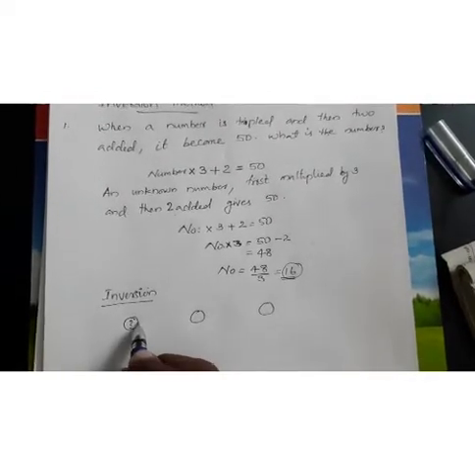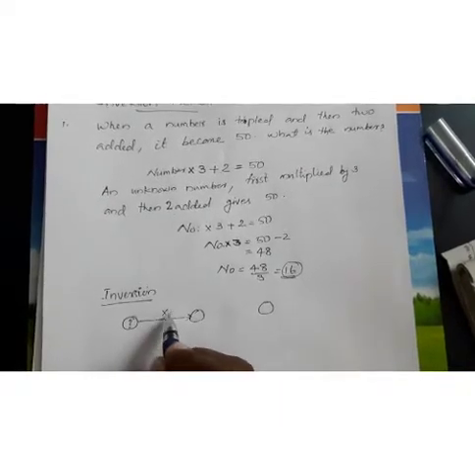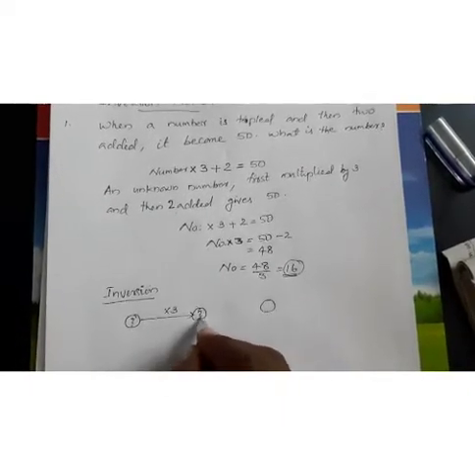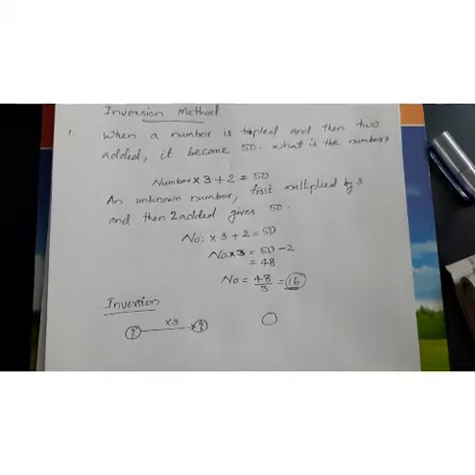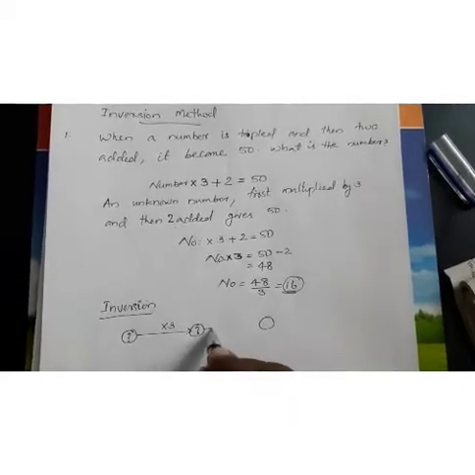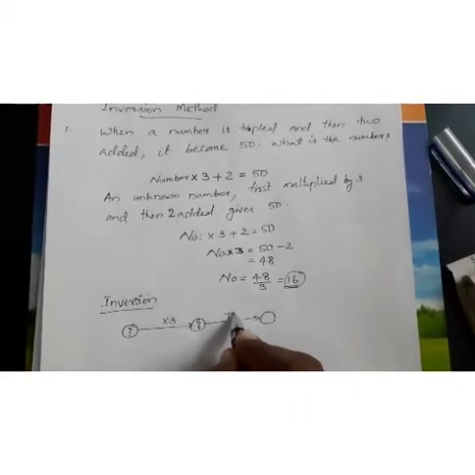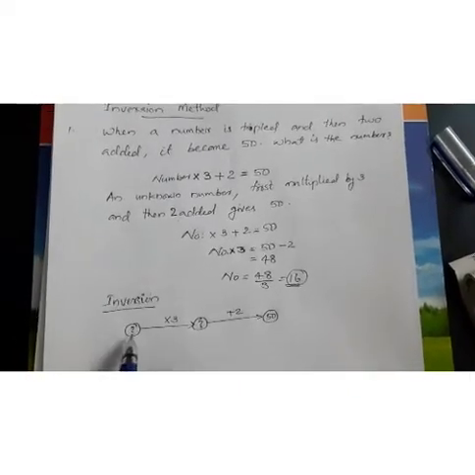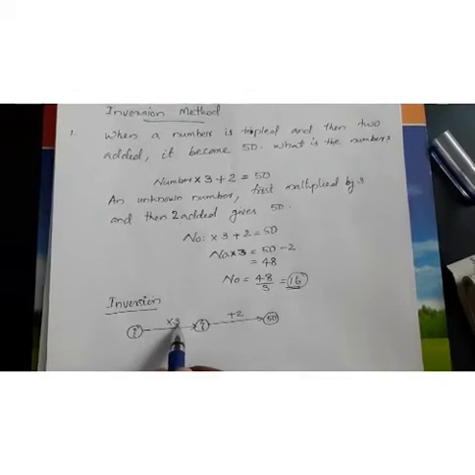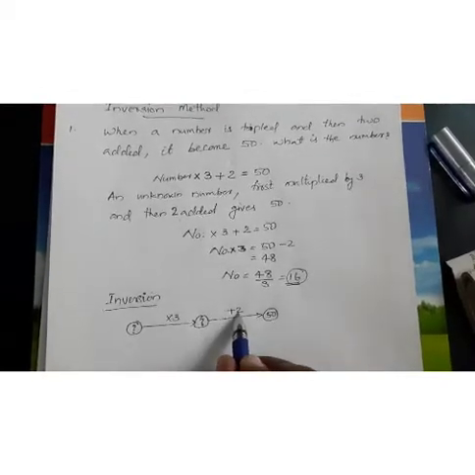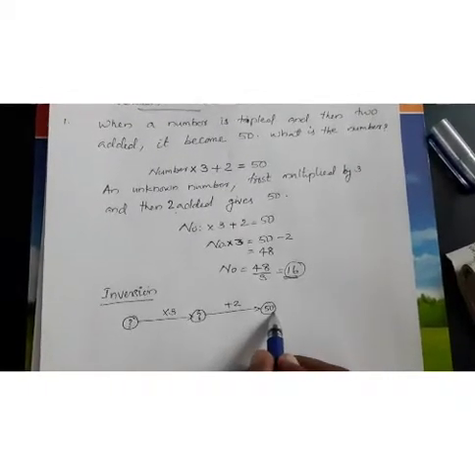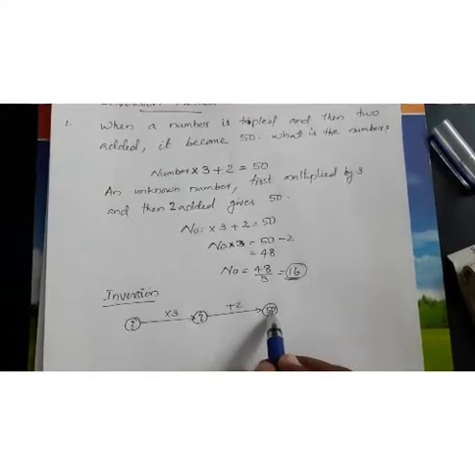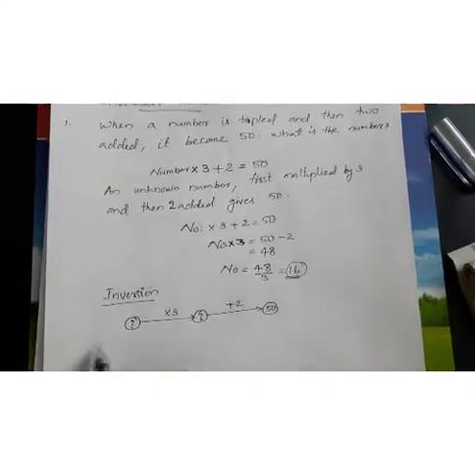Here we don't know the number. That unknown number multiplied by 3 will give some number. Then if we add 2, we get the answer 50. So the result we know, and we can do the reverse.